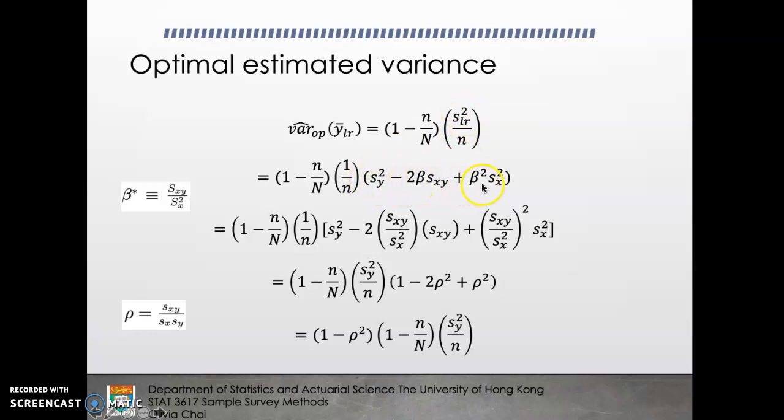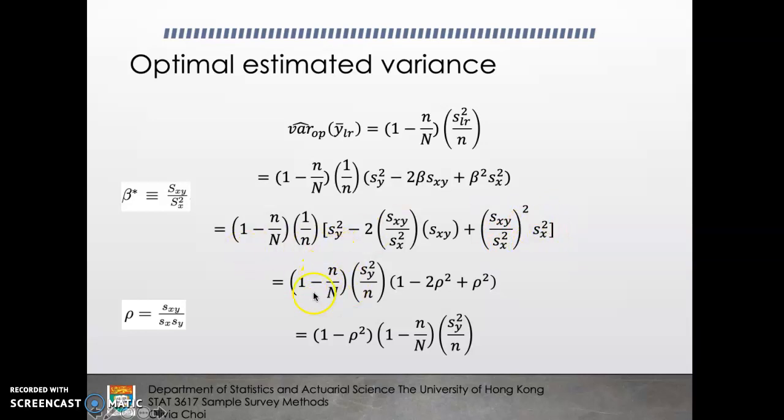Expand this in terms of beta. Substitute beta equals beta star, the optimal least square line slope. So substitute sxy over sx square into beta, and then we have sxy square divided by sx square. Again, we have sxy square divided by sx square. This cancels out.